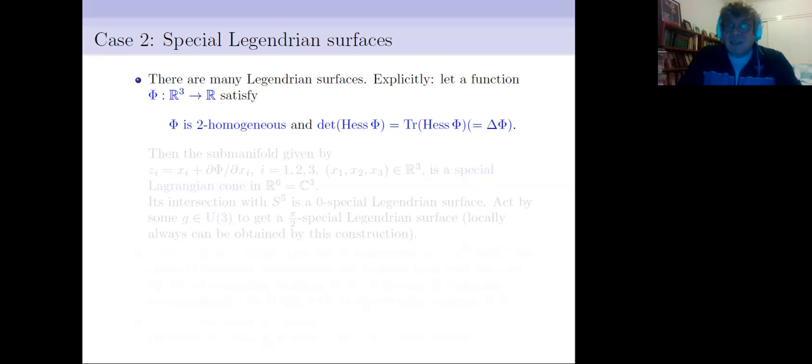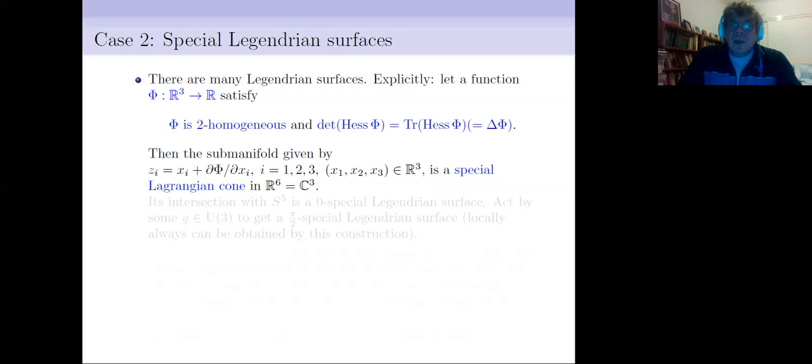But I must say that in reality, the differential equation you get, a nonlinear partial differential equation of second order, is highly non-trivial. But provided you have such a function, capital phi, you can construct this.